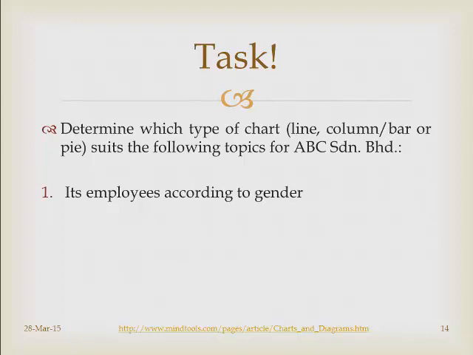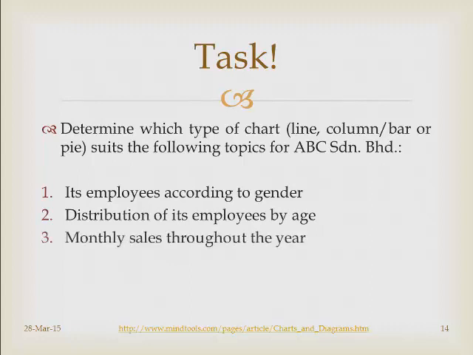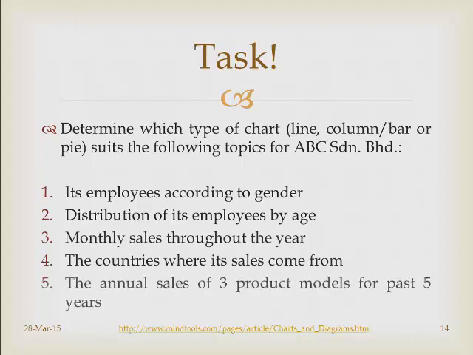Next is the distribution of its employees by age. Then monthly sales throughout the year, the countries where the sales come from, and the annual sales of 3 different product models for the past 5 years. For each of these topics, I want to represent that data, so which type of chart would be the best? Try this out, write down the answers, and we will discuss it further in class.